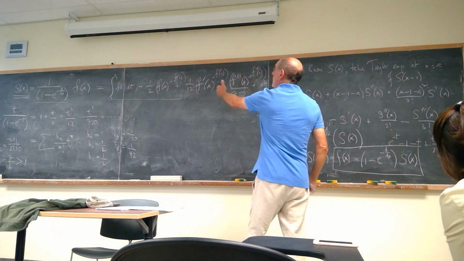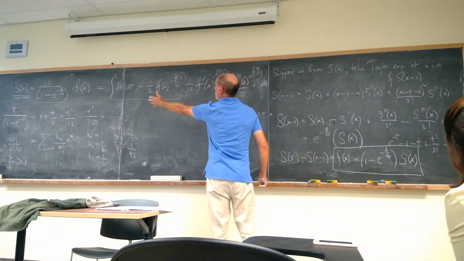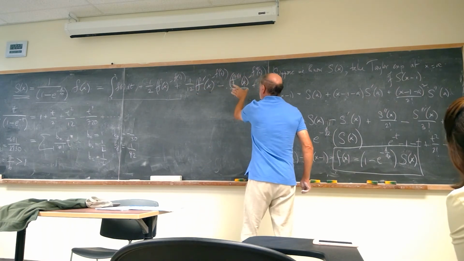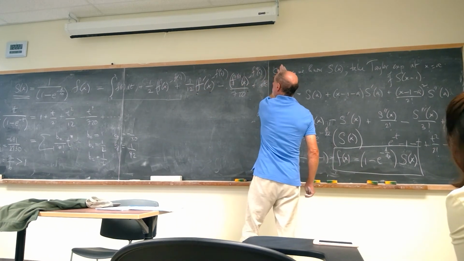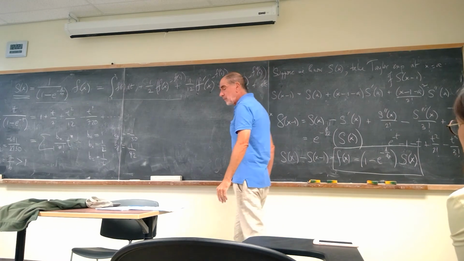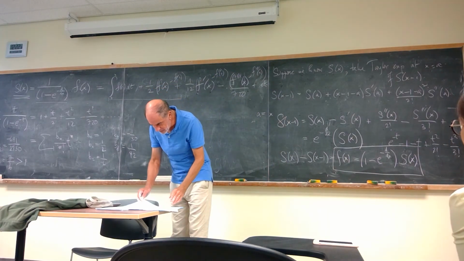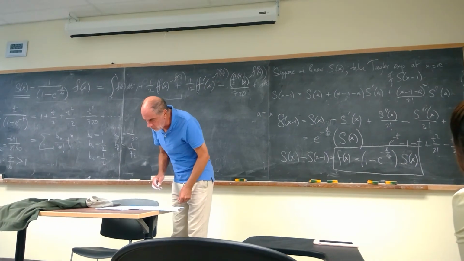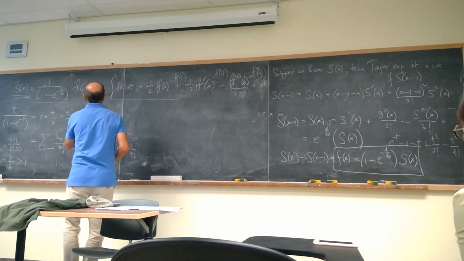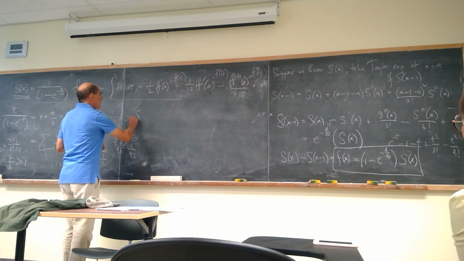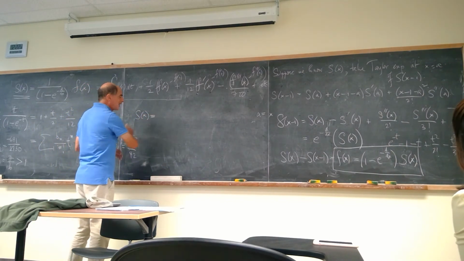And Euler realized that you could get better and better estimates of s of x if you included the derivative of f, and the third derivative, and the fifth derivative, etc. Okay, now, again, there's no reason to just start at s of 1. So the final formula looks like this.